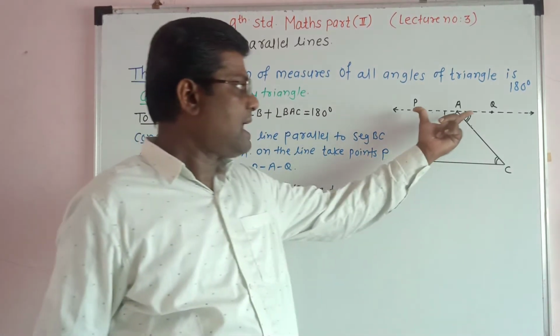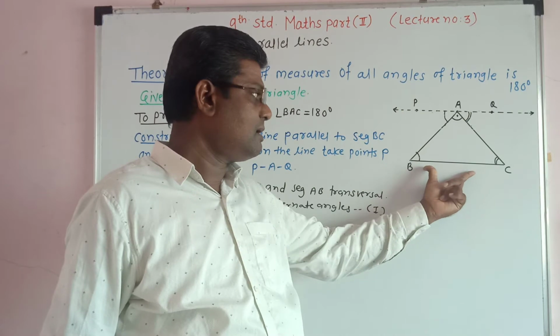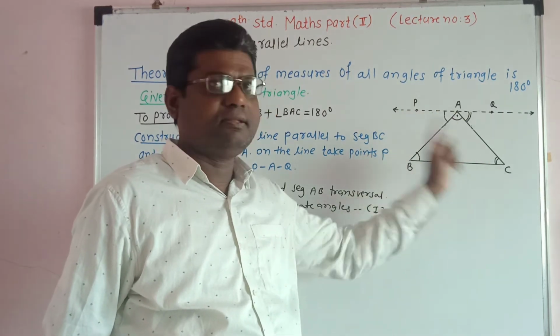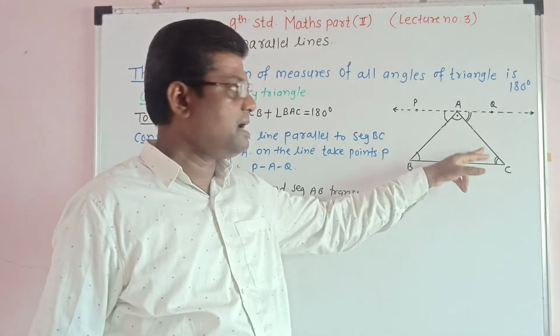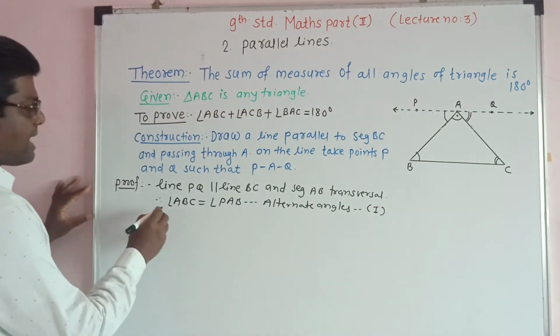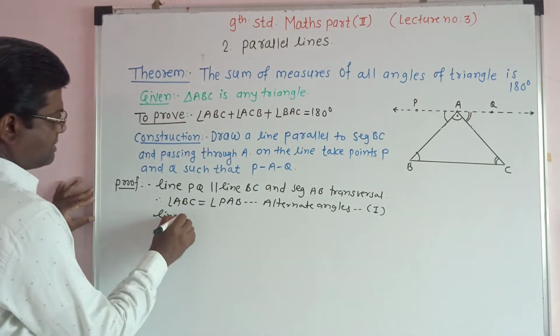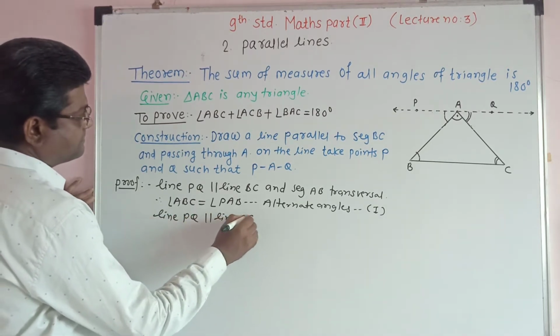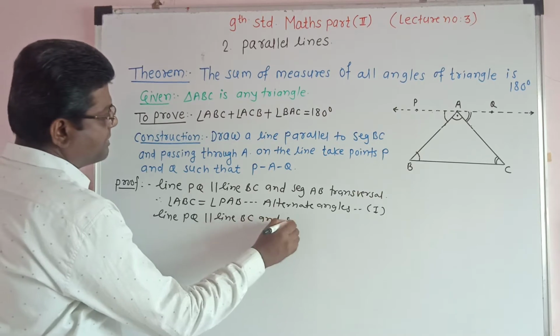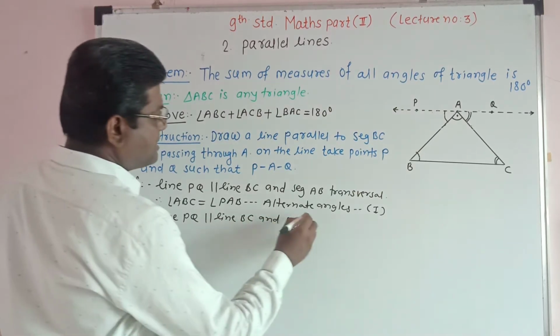Now line PQ parallel to line BC and AC transversal, then these two angles are alternate angles. So we write: line PQ parallel to line BC and segment AC transversal.